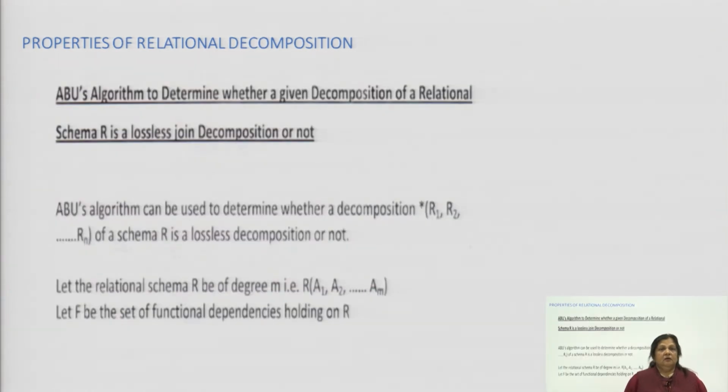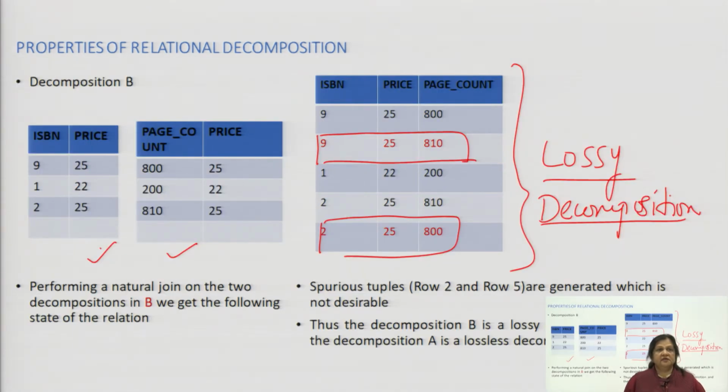Now, here what we have is very small relations and very small decompositions. So, we have easily performed the natural join and we have shown whether it is a lossy decomposition or a lossless decomposition. But actually in real life, the relations or the tables are going to be very large, that is the number of attributes, as well as the data will be thousands and thousands of rows.